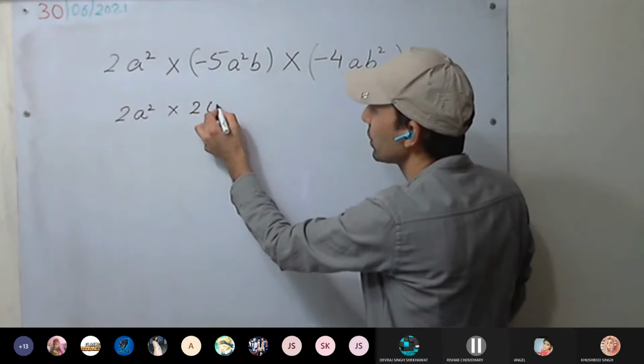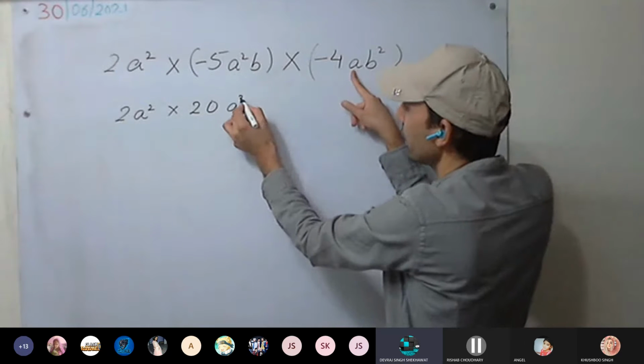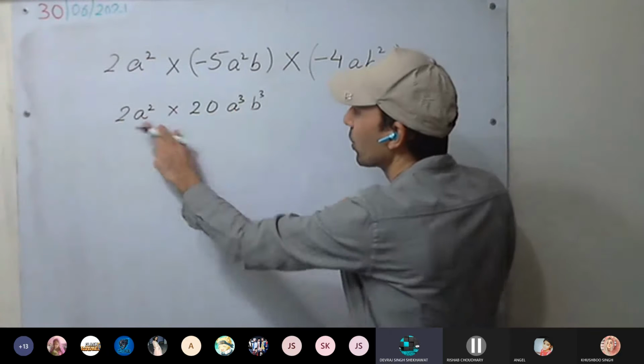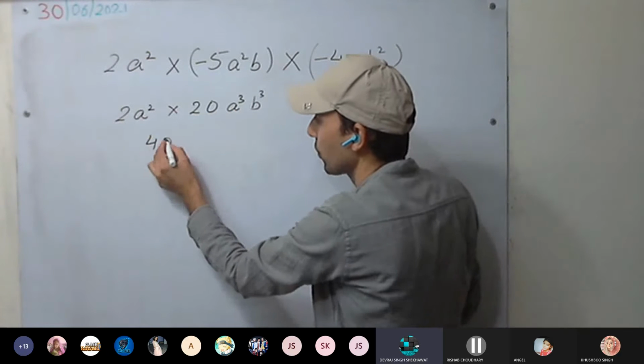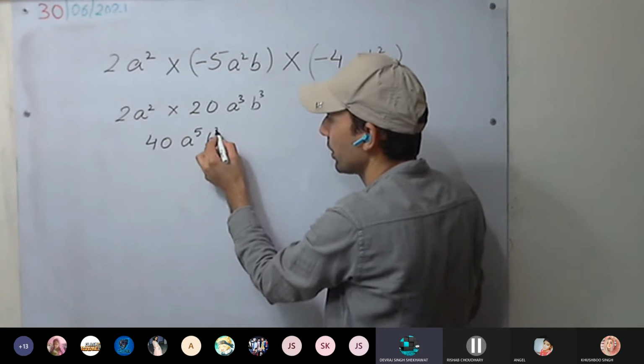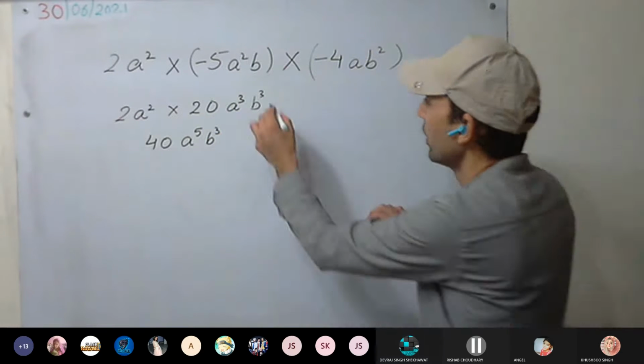So 5 4s are 20, minus a cube b cube. Now 40a raised to power 5, b cube. Okay, you understood this?